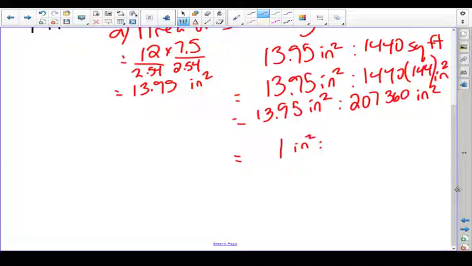But what's 207,360 divided by 13.95? Okay, so this is the scale factor, 0.52.